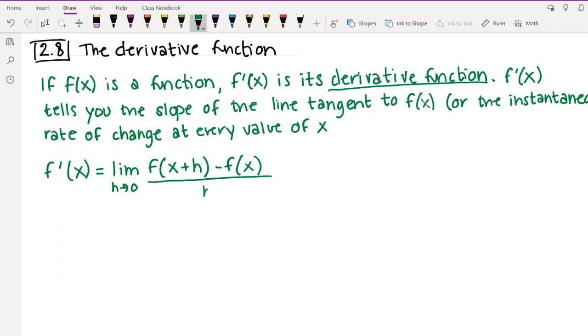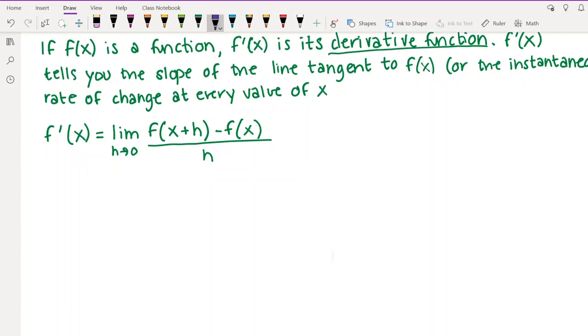Now we're just doing it with x, and we're going to leave x in there, and the point of that is that it's going to result in a formula that still has an x in it, and then we can plug in whatever x value we want into that formula. But this formula still comes from the same place, right? It's still this idea of finding the slope of a secant line between a point and another point close by. It's just that now we're using x instead of a, and then we're still doing a limit as h approaches 0 to bring that second point closer.